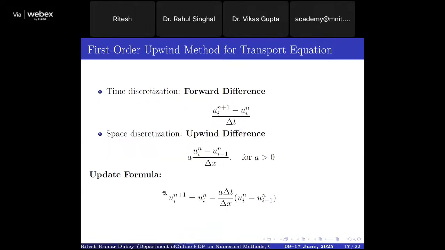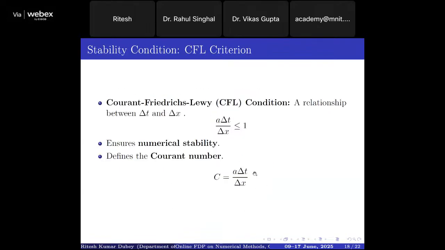This numerical method, the upwind method, is stable under a condition called the CFL condition. It is a relationship between delta t and delta x. You can choose delta x and that will define your delta t. If a is constant, you can choose both of them a priori for stability, but sometimes a is dynamic and it evolves, so at that time you have to find delta t, because delta t is the only controllable parameter here.